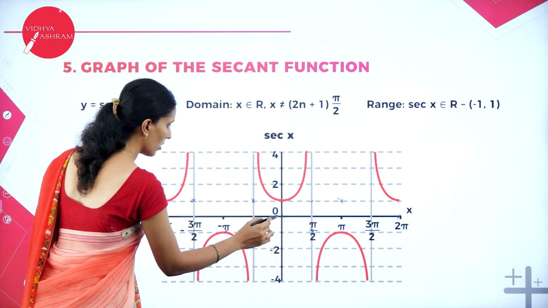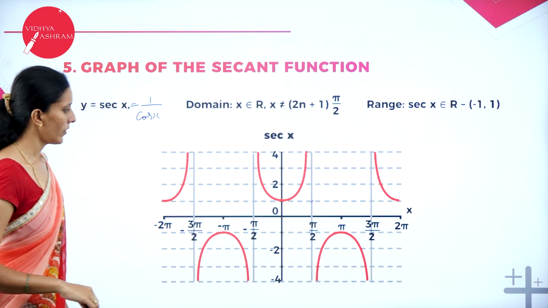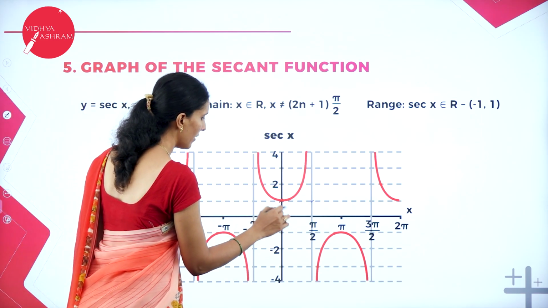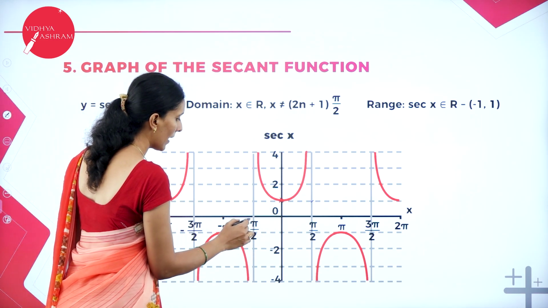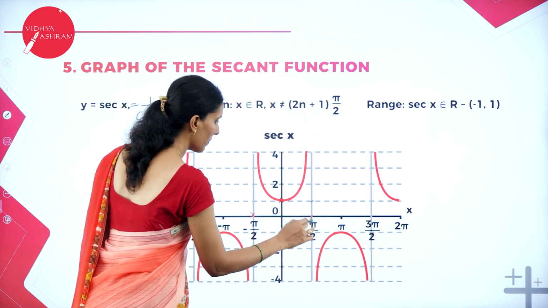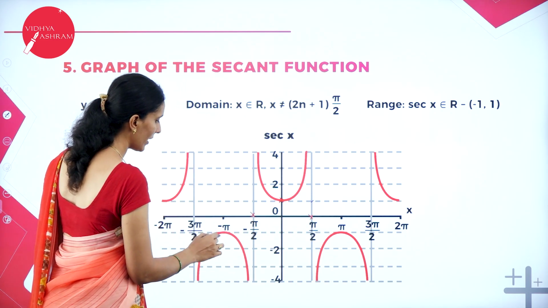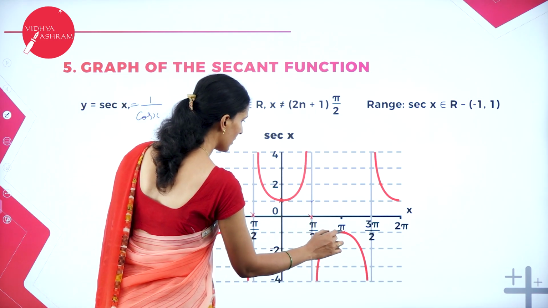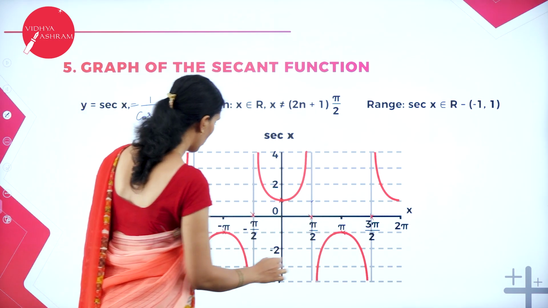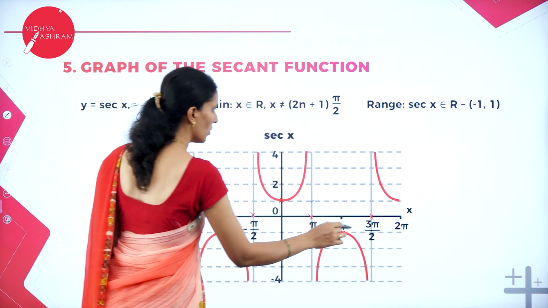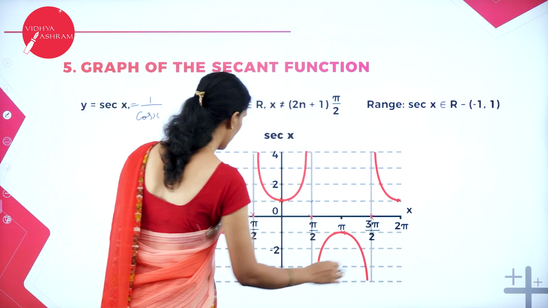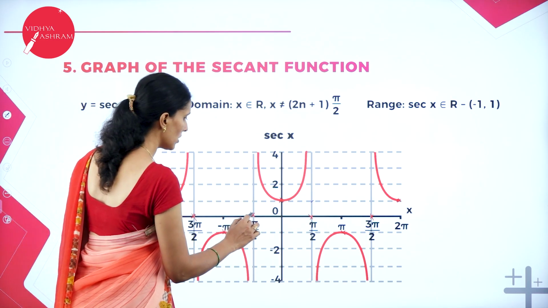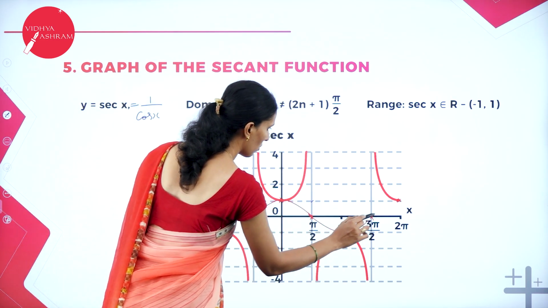You can see cos 0 is 1, cos 90 is 0, similarly minus 90 is 0, cos 180 is minus 1, so here it is again minus 1, at 3 pi by 2 it is 0, at minus 3 pi by 2 it is 0, at 2 pi it is 1 again and here it is 1 again. So this is the curve you will get for cos.